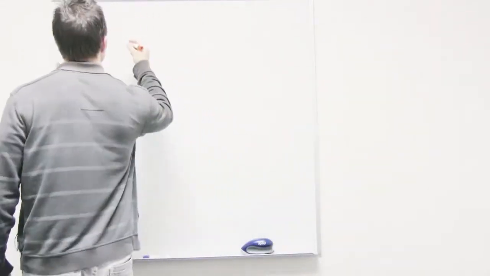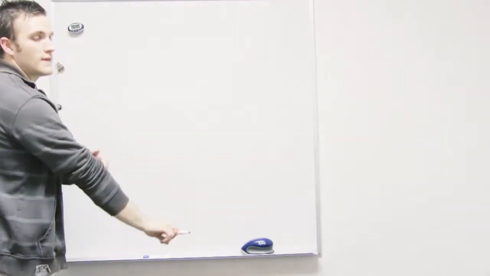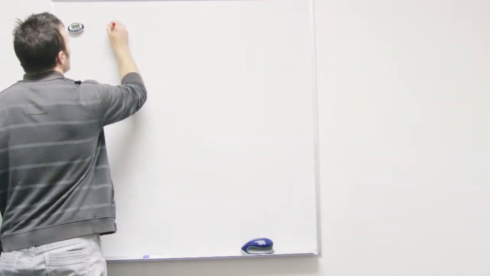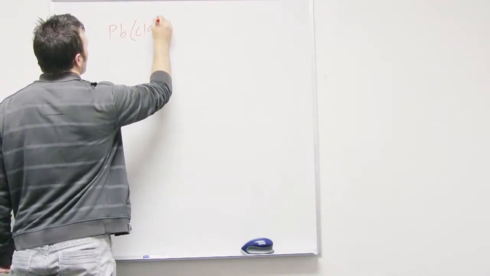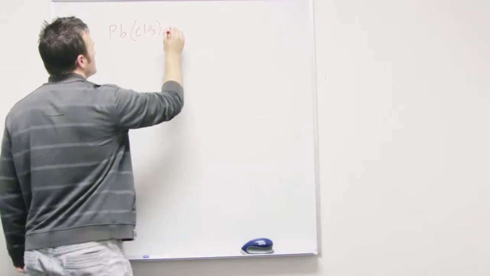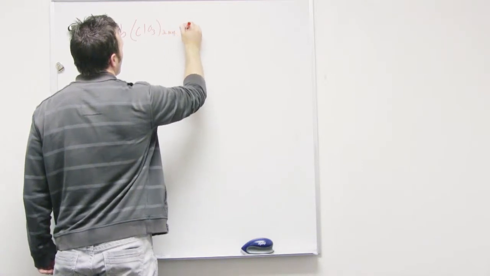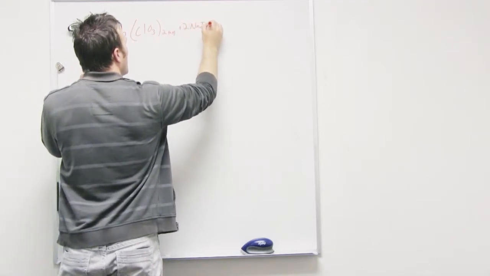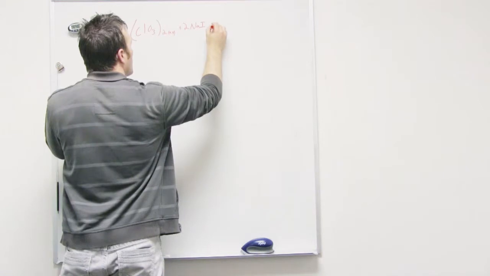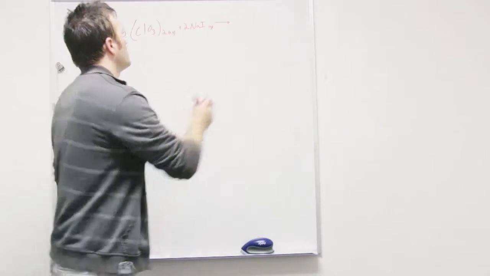Precipitate form. Let me write the equation up here on the board. Do you mind reading it to me? Yeah, the formula. Okay, so it's Pb(ClO3)2 aqueous, plus 2 sodium iodide aqueous, and then it goes to PbI2.